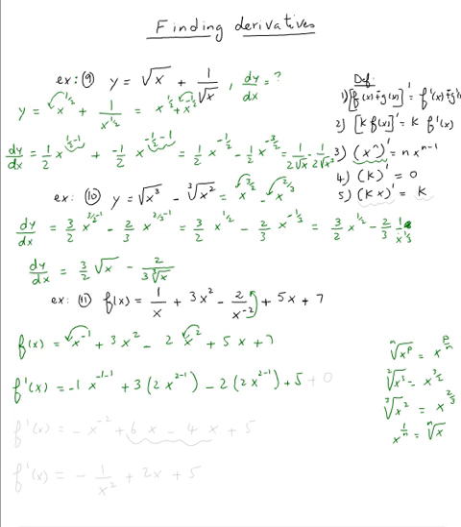By the way, in this case, 5x, you can just use this formula, it's easy. Every time you have a number times x, the derivative is going to be that number. So it's just plus 5, and then plus, the derivative of 7 is 0.